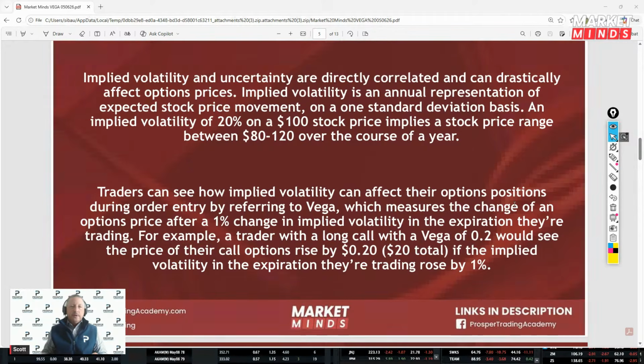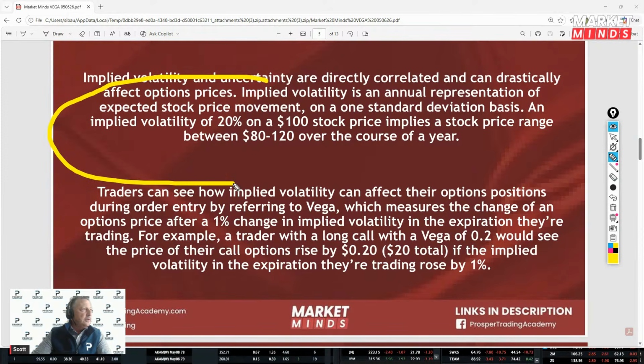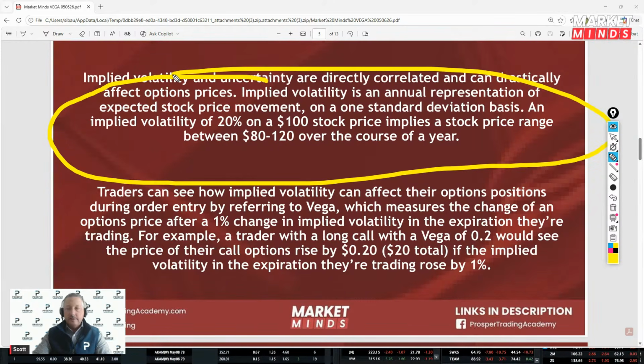Now, we look at these implied volatility numbers and ranges all the time, and from looking at a chart, we can tell when implied vol is cheap and when it is expensive. But what does implied vol really mean? Simple example: say we have a stock trading at $100 and the implied vol is 20%.